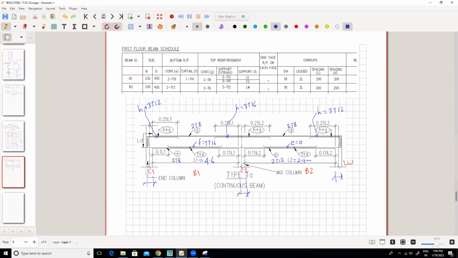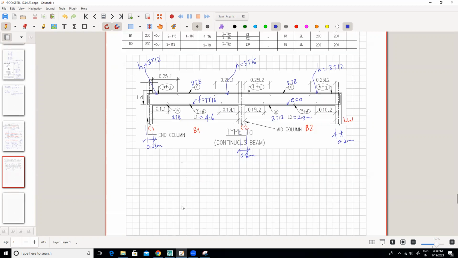So I will write in meters, 0.23 meters, 600, 0.6 meters, and this one is 0.2 meters lift wall. Okay, so these are the dimensions which we want. Anything else missing for quantity calculation? I think everything is over now. Okay, now let's do the calculation. So first of all, we will do the calculation of beam B1. So beam B1.